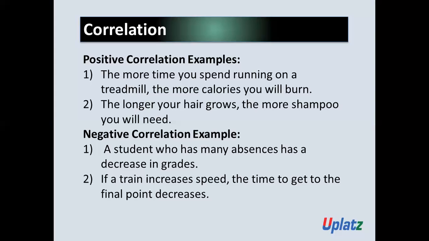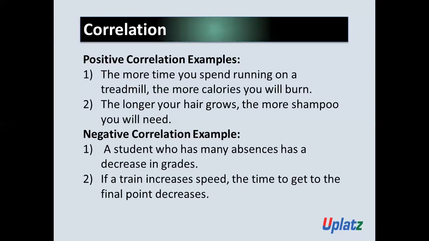Or let's suppose you drive a car at low speed, then less distance will be covered. This means if the speed is less, then the distance covered will be less.